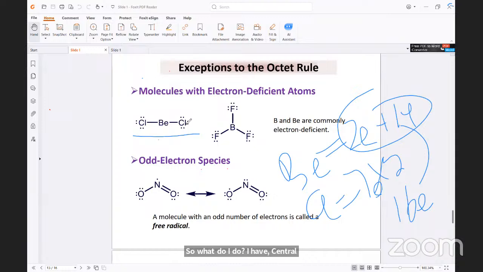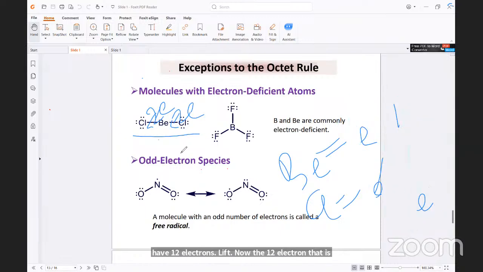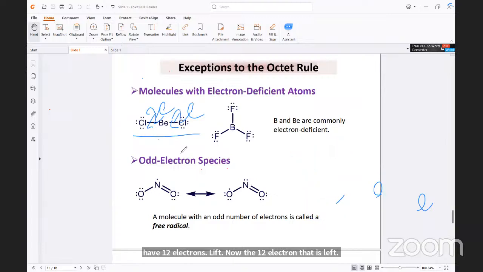I will join the two chlorines to it and establish their bond. So you have this bond and this bond. Each bond is 2 electrons, so I have already spent 4 out of the 16 electrons. So I have 12 electrons left. Now, how do I distribute those 12 electrons?